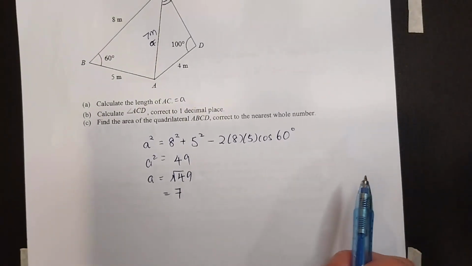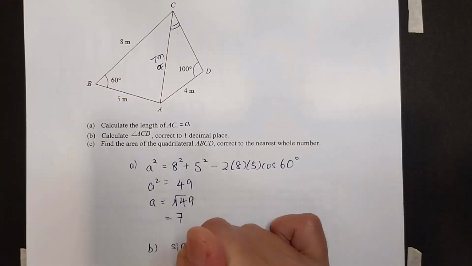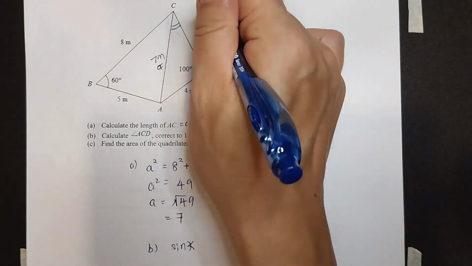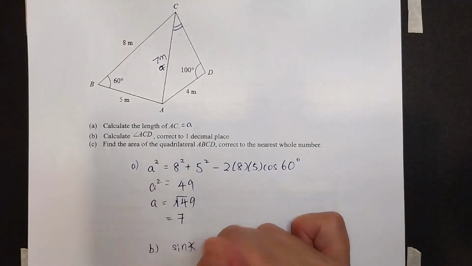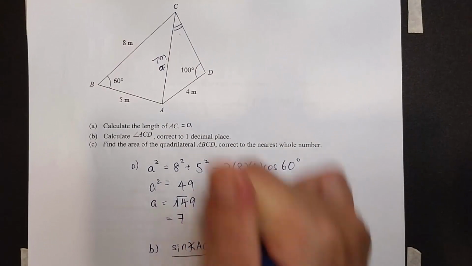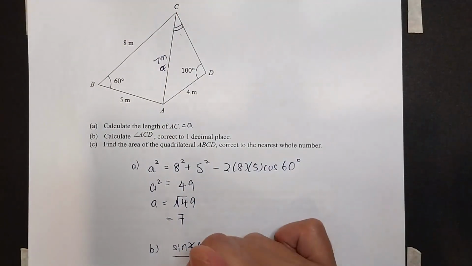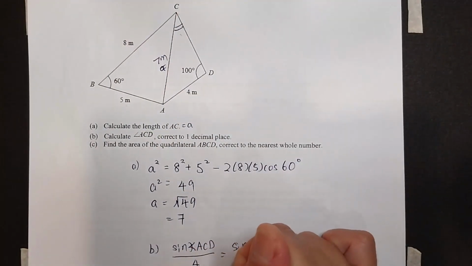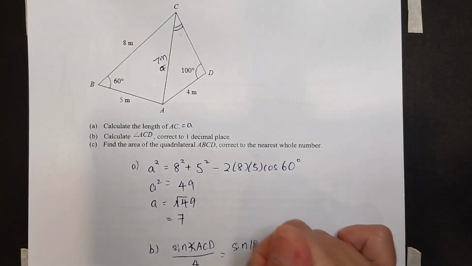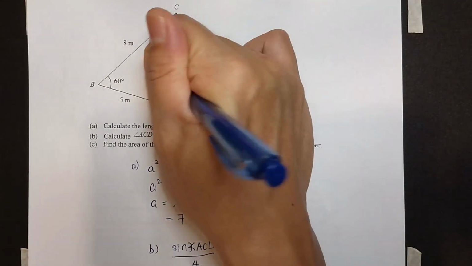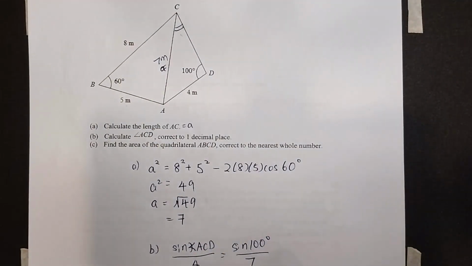To apply sine rule, we will have sine angle ACD, which is the question, over its opposite side equals sine 100 degrees over its opposite side. We have everything here except for one unknown, so we can solve this.